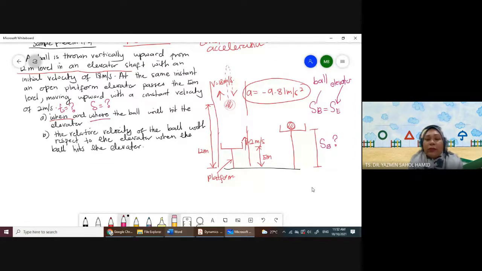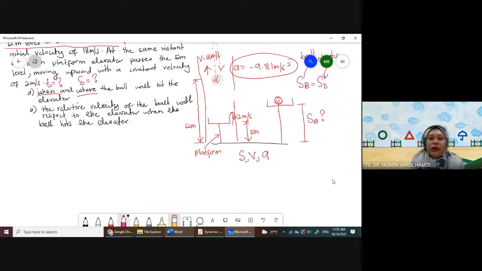Usually the parameters that are constant with the geometry are S, V, and acceleration. Let's write down the parameters we have. However, you also have the initial position, right?